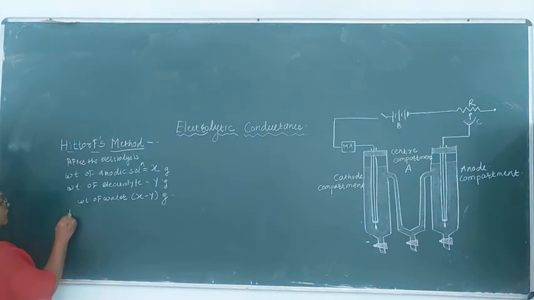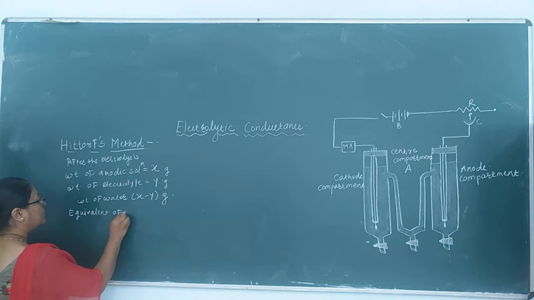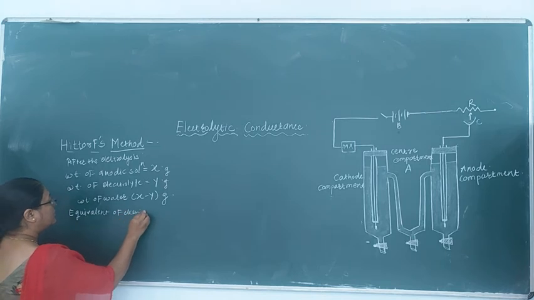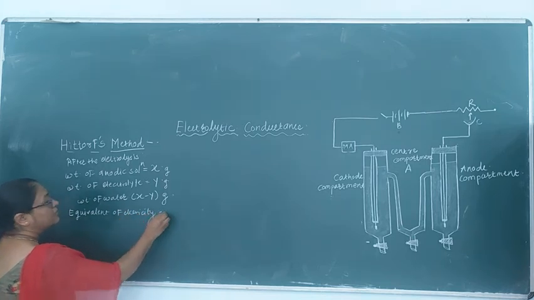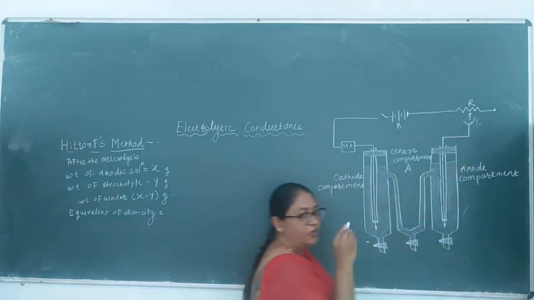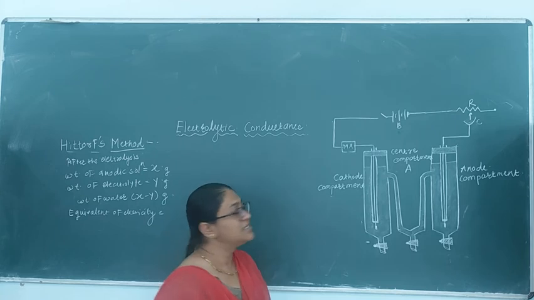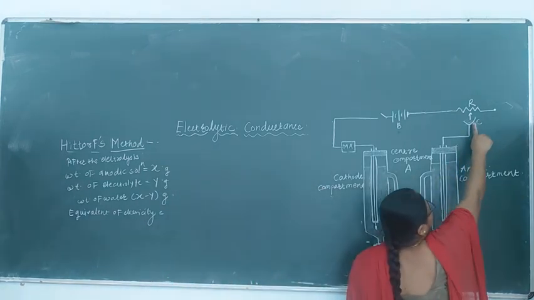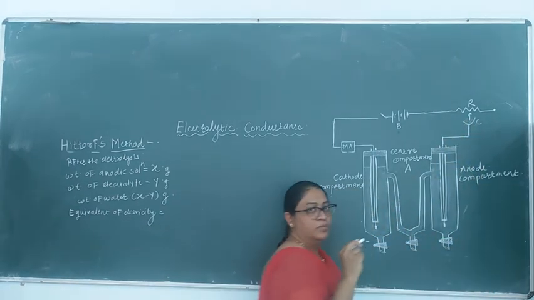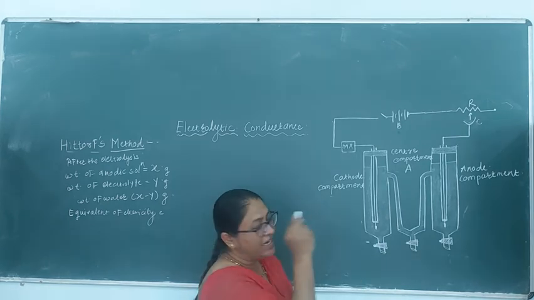Now, the equivalents of electricity passed, that means here in a coulometer. What we can do is, before the electrolysis, we weigh this clean platinum dish.